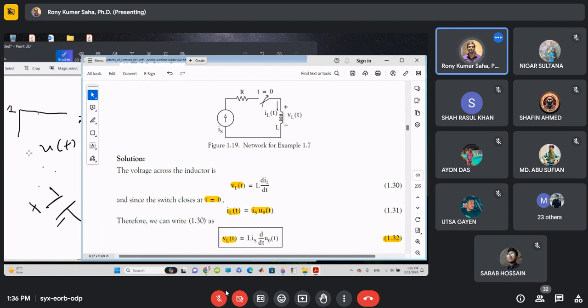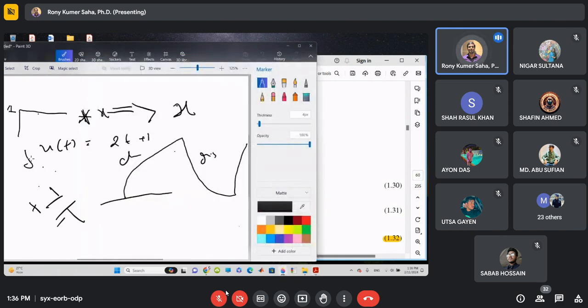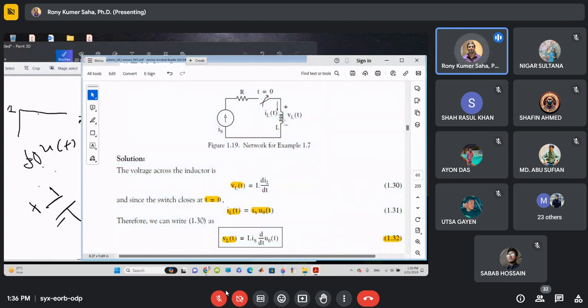So the impact of this is zero, which means the impedance here is basically zero.